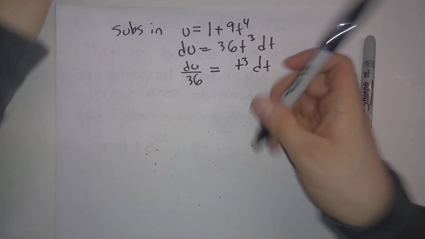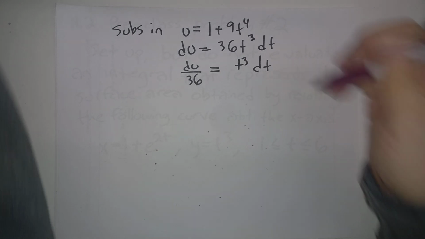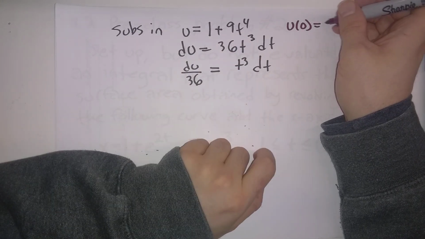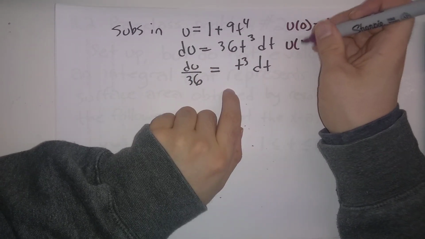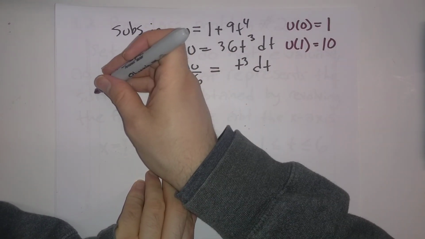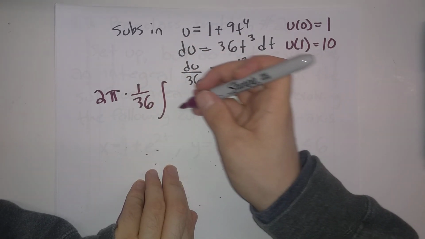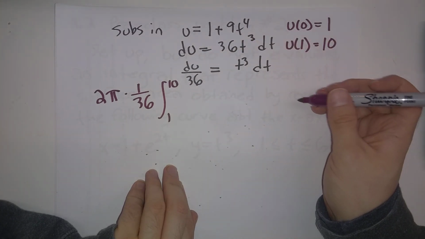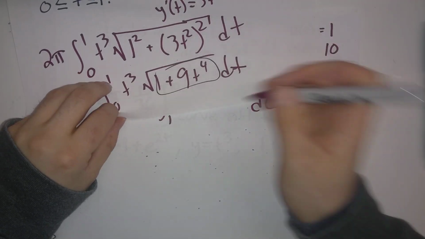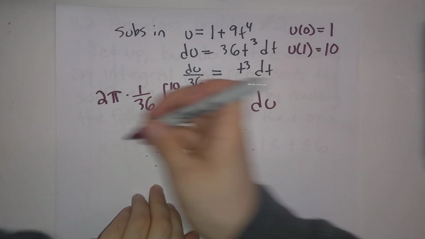Okay, what else do we have to do? We need to change our bounds. When t is 0, u of 0 is 1 plus 9 times 0 to the 4th, which is 1. When t is 1, u of 1 is 1 plus 9, which is 10. So our answer is going to be 2 pi times 1 over 36 times the integral from 1 to 10 of the square root of u du.